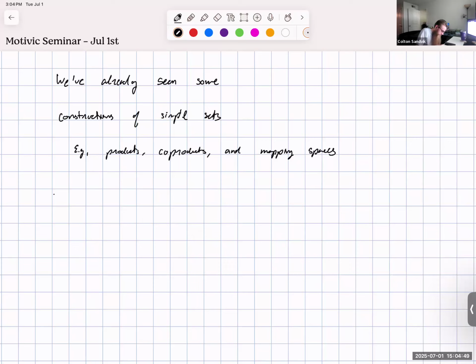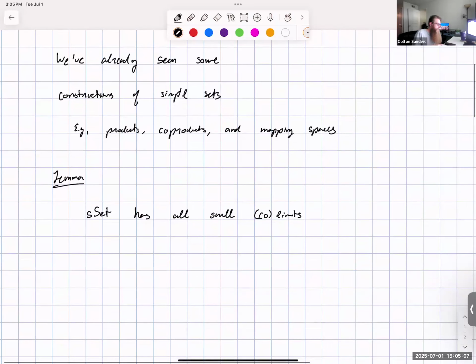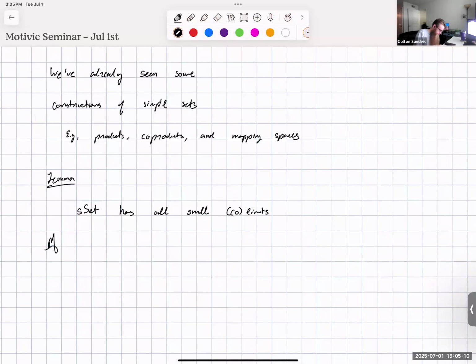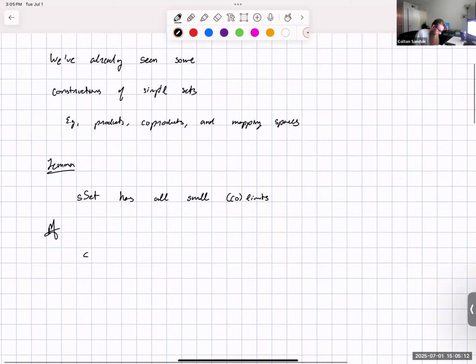A lot of this is motivated by the following easy to prove lemma, which is that the category of simplicial sets has all small limits and colimits. I won't go into a ton of detail on the proof, but it's really just the fact that Set, the category of all small sets, has all small limits and colimits.